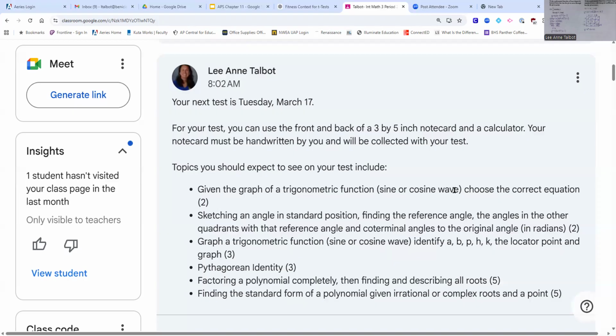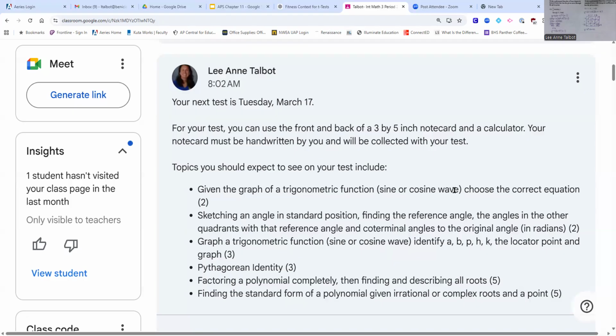Factoring a polynomial completely, then finding and describing all roots. That was number 11 that we just did. Finding the standard form of a polynomial given irrational or complex roots and a point. And that's kind of a combination of the last two, because you have irrational or complex, and then you have to solve for A.